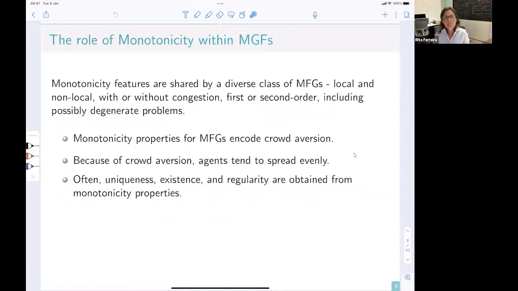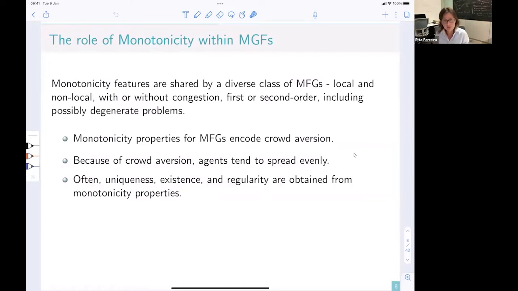Because many mean field games share this common feature. They encode some kind of monotonicity, and these include local and non-local mean field games with or without congestion, first or second order cases, and also non-degenerate mean field games. So this is really a feature that is out there for many mean field games. And what monotonicity encodes is crowd aversion.